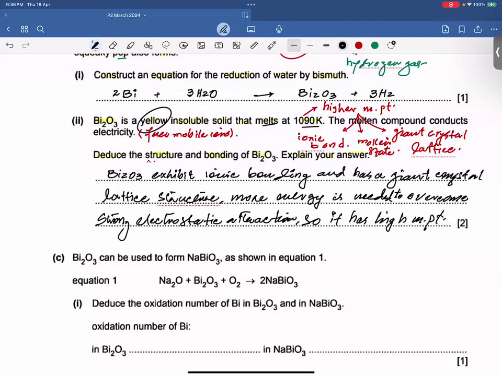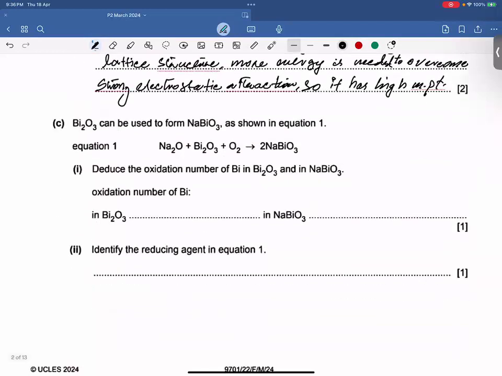All right. Next, it has a high melting point and also exists in the molten state.